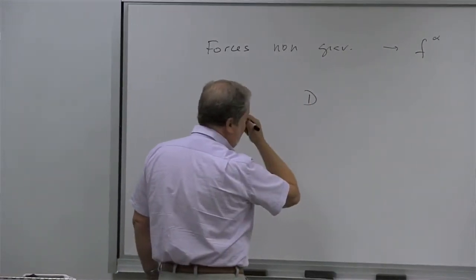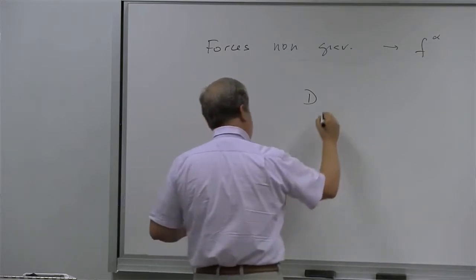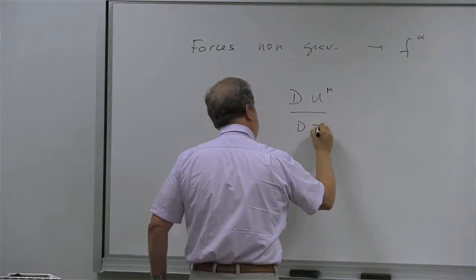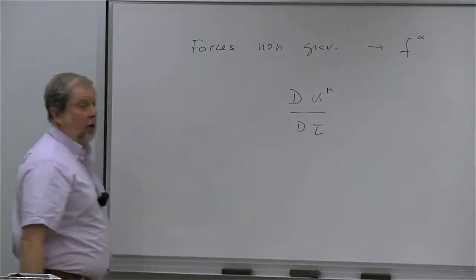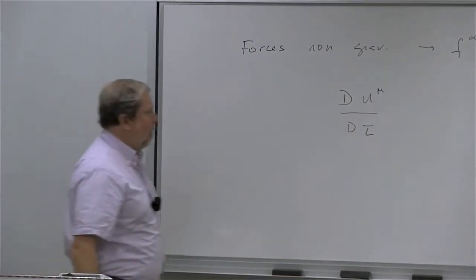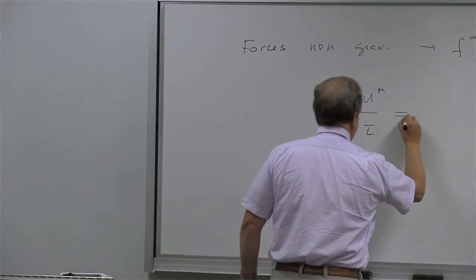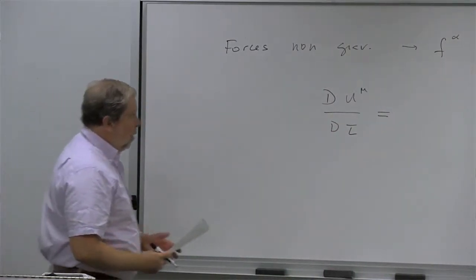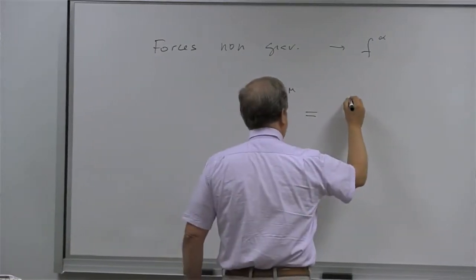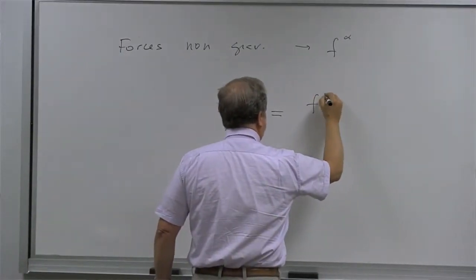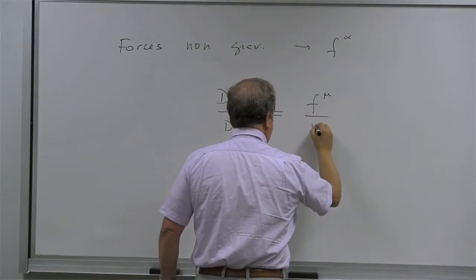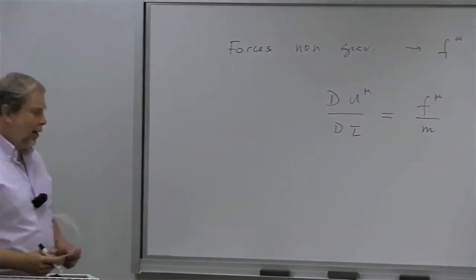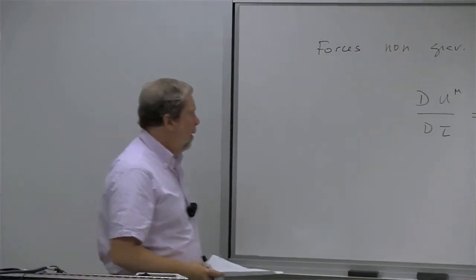So we can promote that here as well. And so that means that in our case, instead of the ordinary derivative of the four-velocity, we're going to have this covariant derivative. And now we're going to get on the right-hand side a term which is coming from this force. So that is going to be not an F alpha, but it will be an F mu, and it will be divided by m. And this, again, is a generally covariant equation.